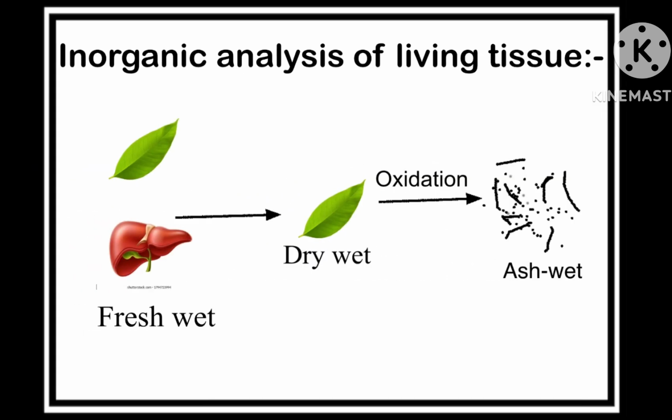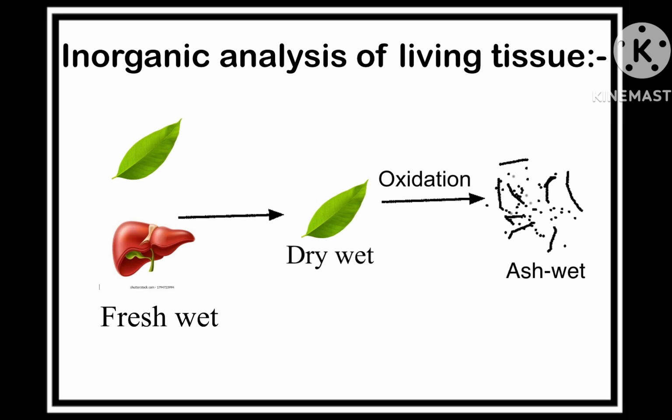We have already performed chemical analysis of organic compounds, but now in this activity we'll see how inorganic analysis takes place in living tissues. For that we will need a piece of liver or a leaf, any of these two. This is called fresh or wet weight, when we have moisture in it. Then all the water will be removed by evaporation, and we'll get the dry weight.